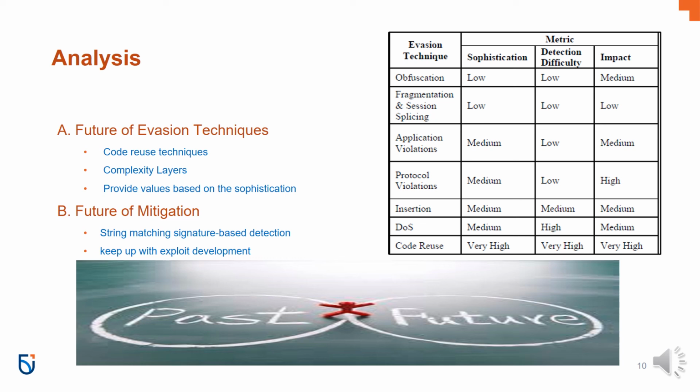However, these attacks are still considered sophisticated and difficult to implement by the average malware writer. This could change in the future with more documentation being shared on public hacker forums. As you see, obfuscation and fragmentation are shown to be less sophisticated and easier to detect.